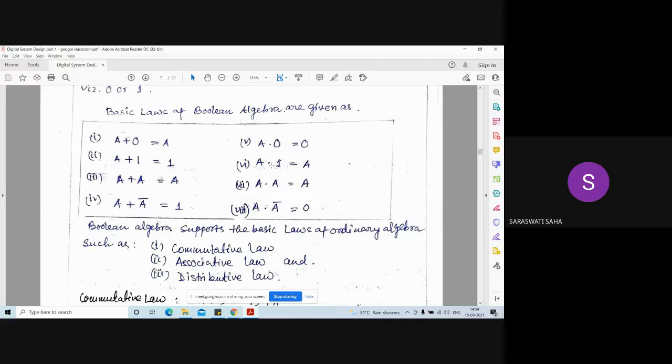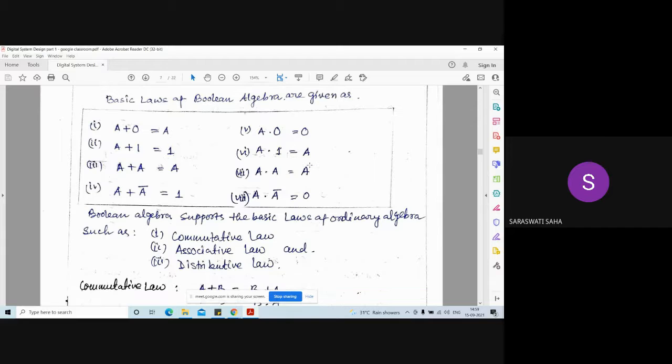Here, for AND operation, if we multiply a variable with 1, what will be the result? Depending on A, check. If it is 0, 0 dot 1 give us 0, 1 dot 1 give us 1. So basically it follows A. So A dot 1 means A.